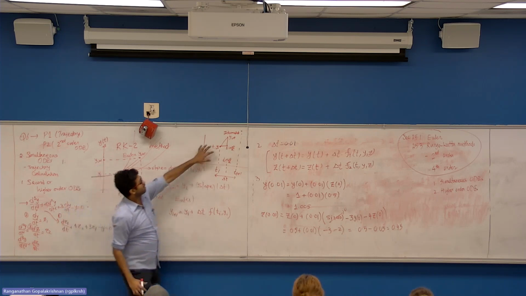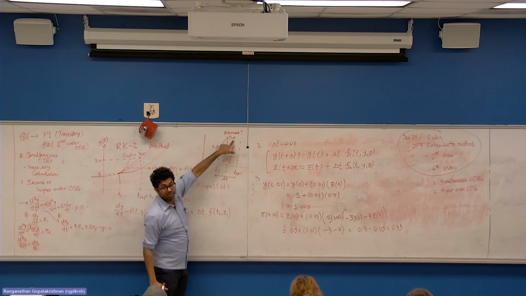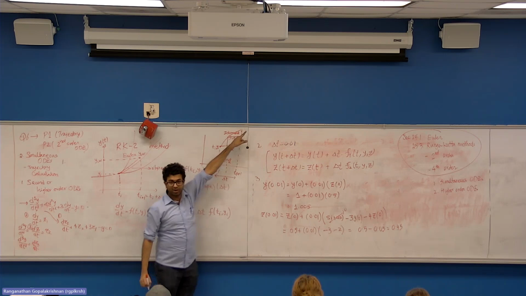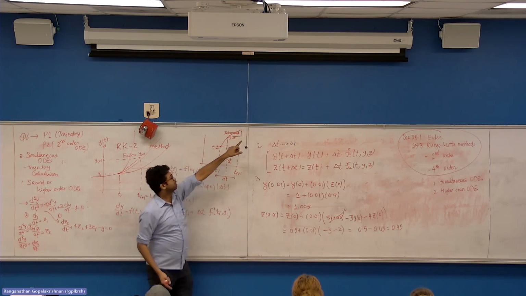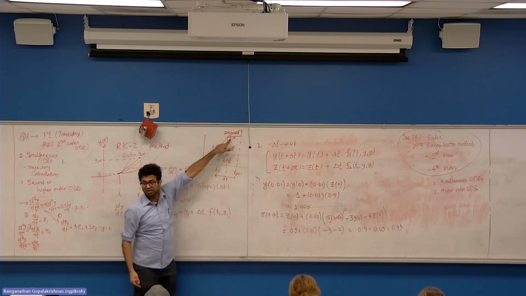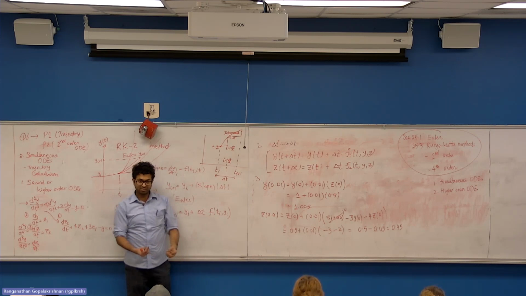And then using this ti by 2 and y intermediate, it again makes another approximation for the second half and gets you one more value at the next point. Finally, it takes an average of the second calculation and the first calculation and gets you something that is supposedly closer to reality.